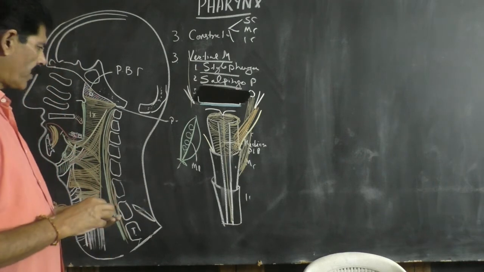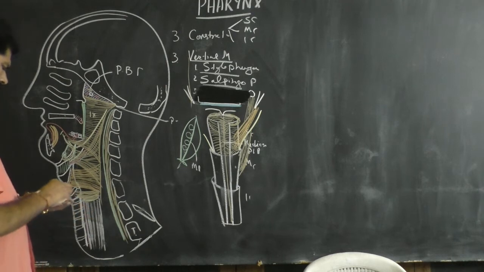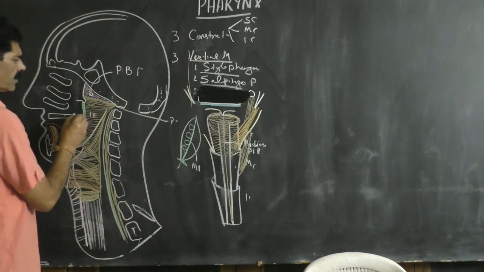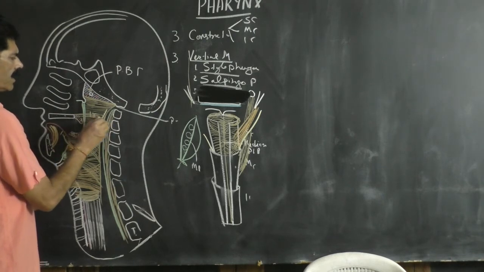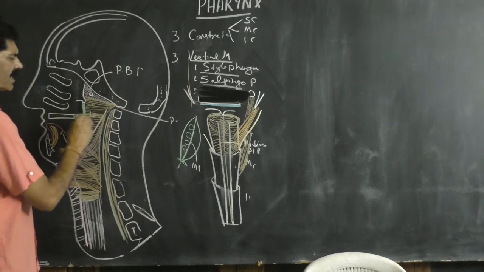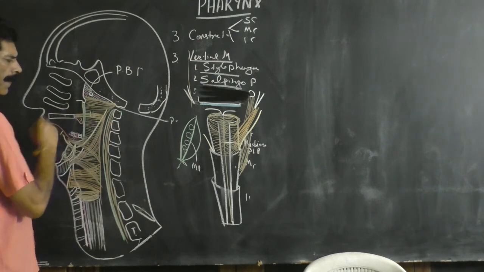After taking origin from the posterior part of the hard palate, it goes inside the middle constrictor muscle and is inserted over the posterior median pharyngeal raphe, and it forms a U-shaped sling-like structure. So they are the horizontal fibers of the palatopharyngeus muscle.